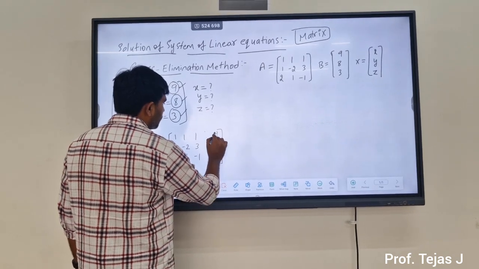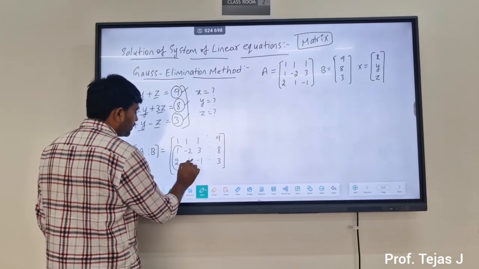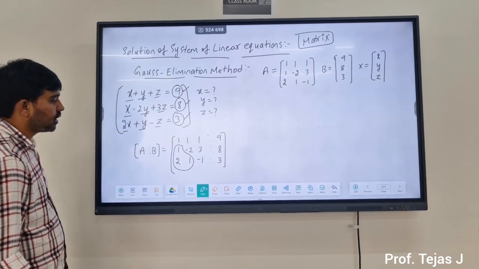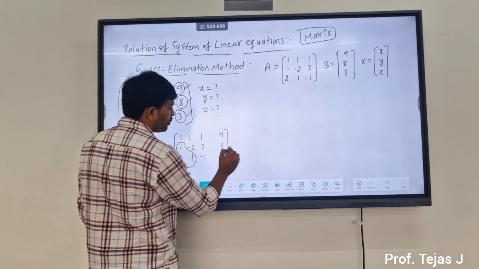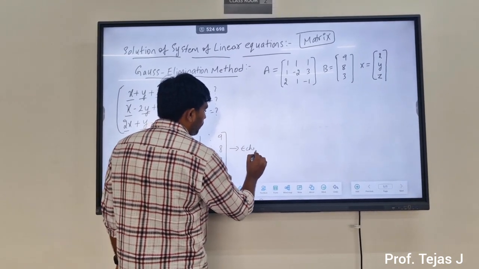Now the first step for this matrix is to make these three elements 0, which gives what we call an upper triangular matrix, also called the echelon form.